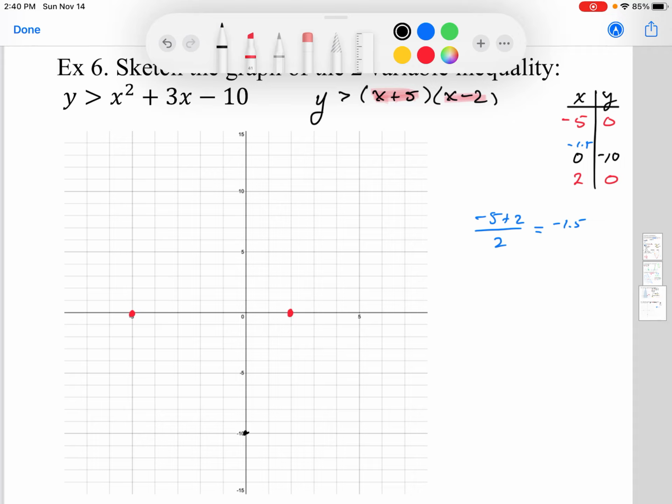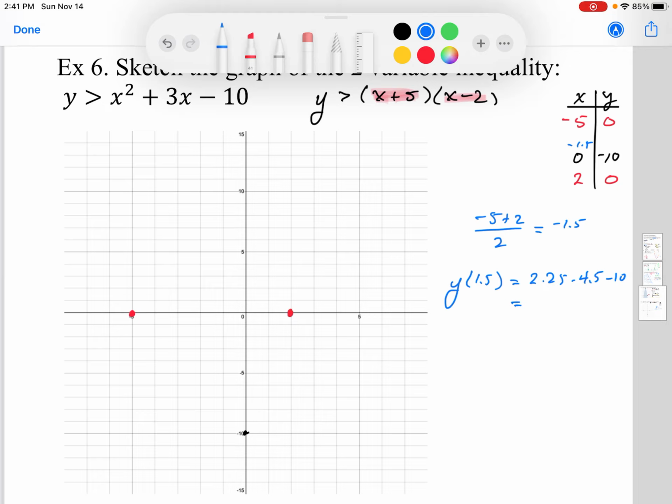To find the y-coordinate of any equation, I plug in x. So when x is negative 1.5, I get negative 1.5 squared plus negative 1.5 times 3, which is negative 4.5, minus 10.